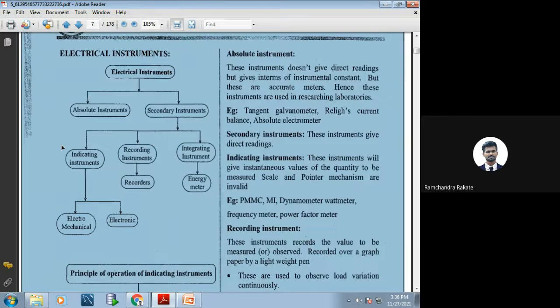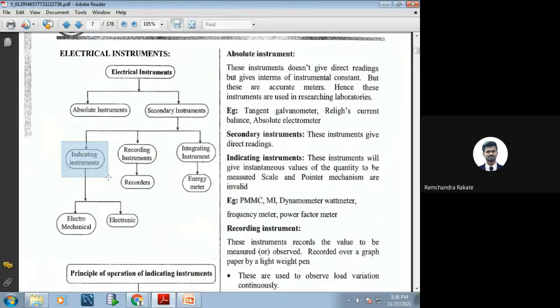Such instruments, as I said, secondary instruments, belong to the direct reading category. Such an instrument is called an indicating instrument, which shows an instantaneous value. Basically it consists of a pointer if you are using the analog one, and it shows in terms of a display if you are using the indicating instrument in digital form.